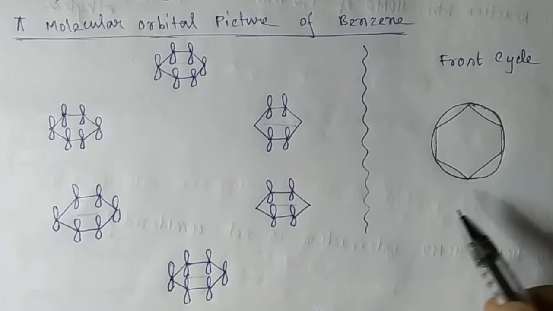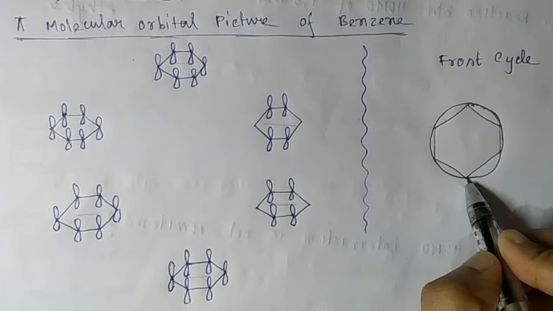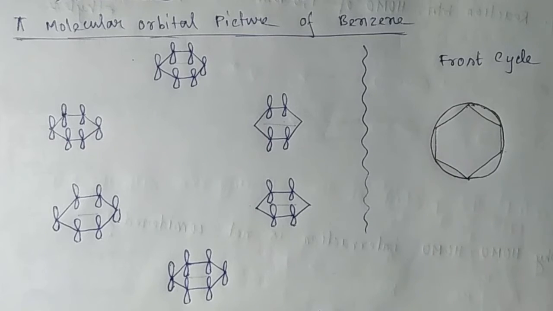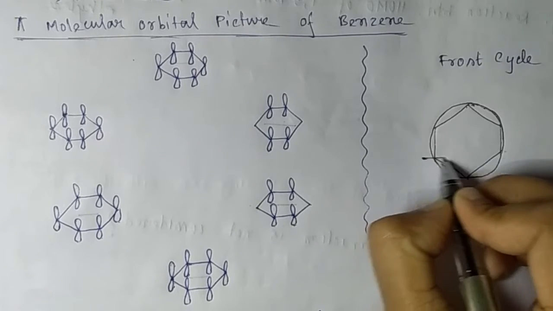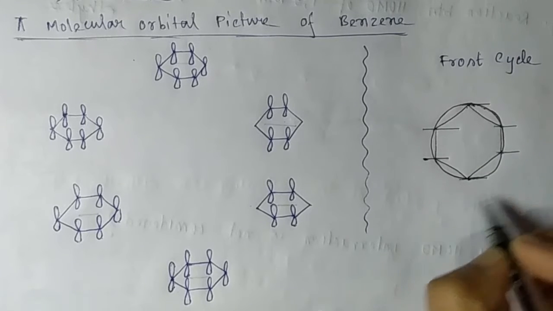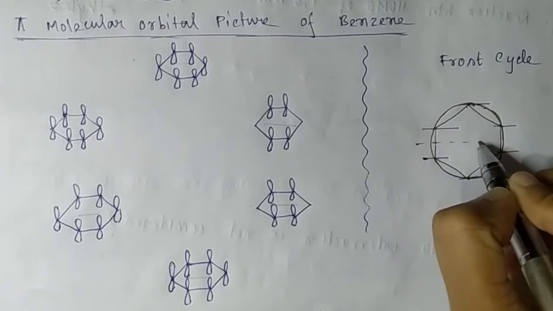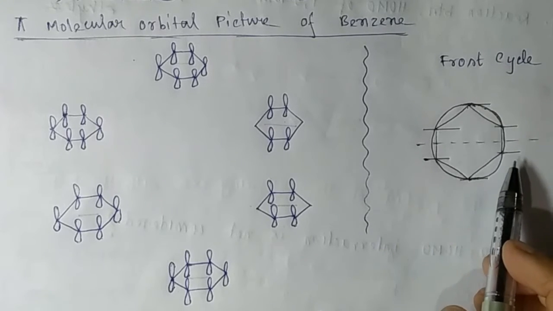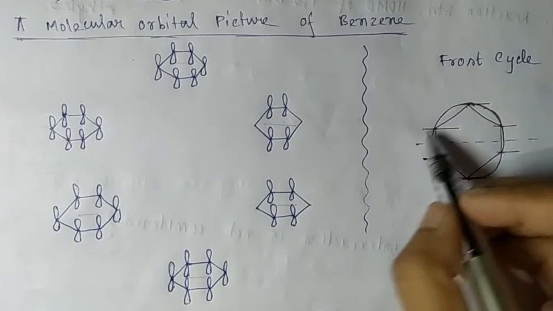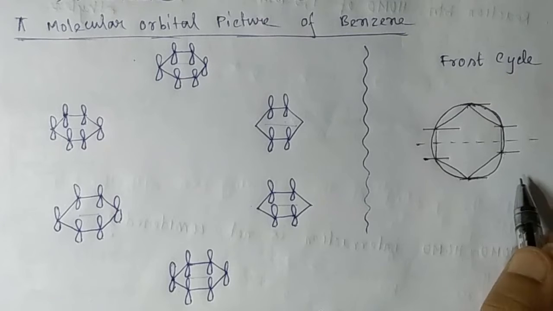Now you can observe that the 6 vertices of the benzene ring touch 6 particular points of the circle, and at these points I will draw a horizontal line, and also a dashed horizontal line along the center of the circle and the molecule. These 6 horizontal lines are the positions where we will draw the pi MOs of benzene.